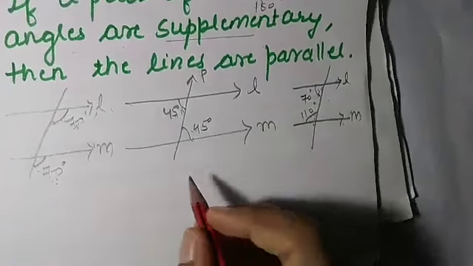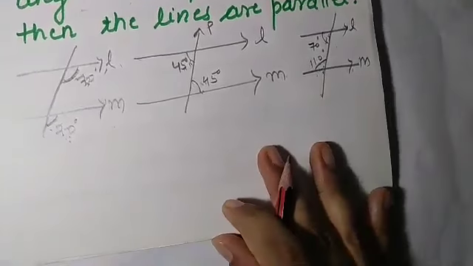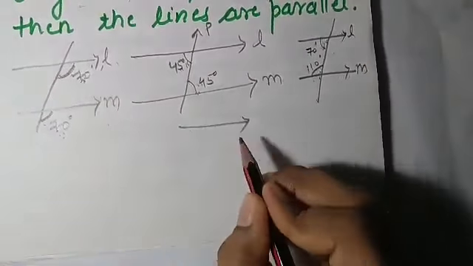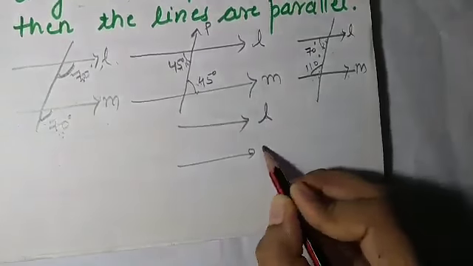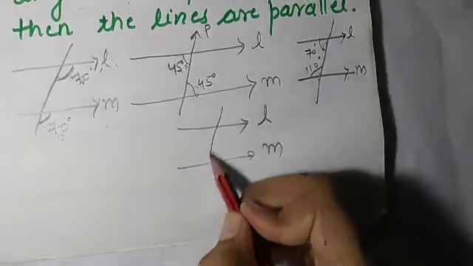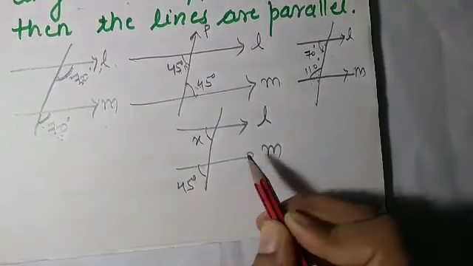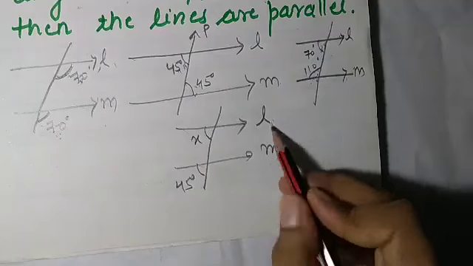Now let us take a question on the previous concept. I am saying line L is parallel to M. This angle is given as X and this is given as 45.